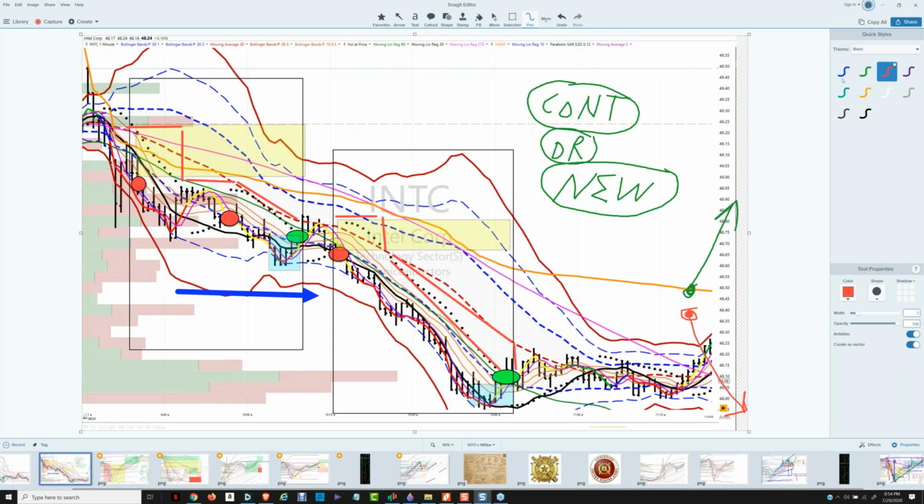So it's really just the market in a critical state, or in this case, Intel in a critical state. And which way is it going to go? I do not know. And I'm ready to trade that in either direction. But that's what Intel looked like for today.